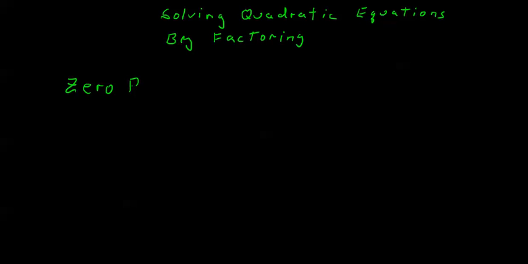Zero product property. This is something you already know. We're really putting a name to an idea that you understand. If I have a product of two numbers and it's equal to 0, I'm multiplying any two numbers, I don't care what they are, any two numbers, they multiply to be 0, what has to be true?